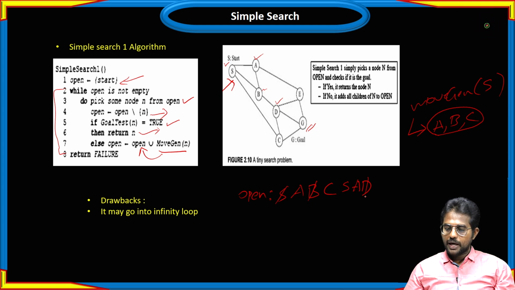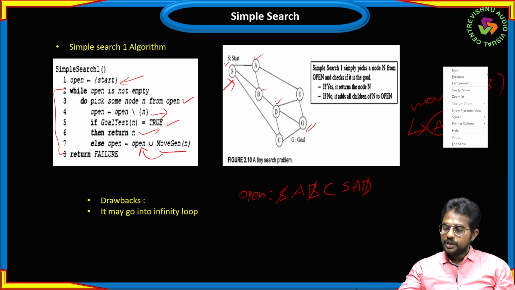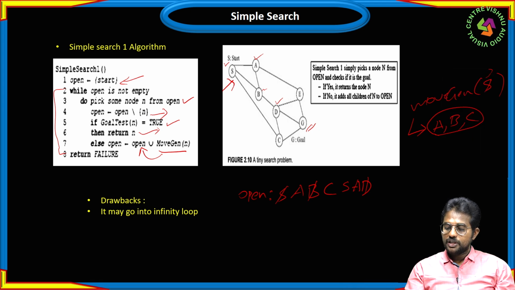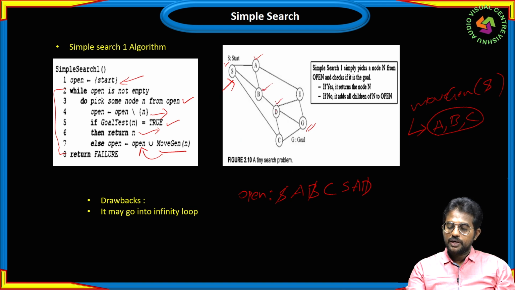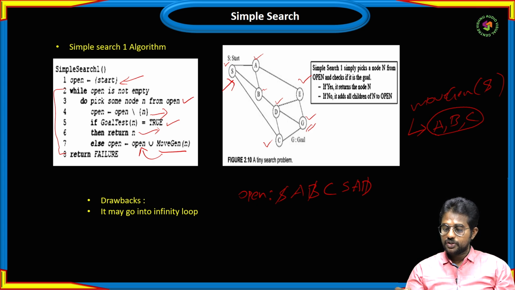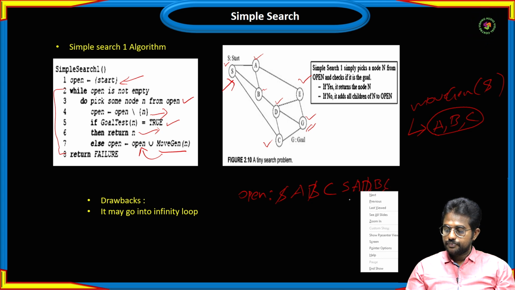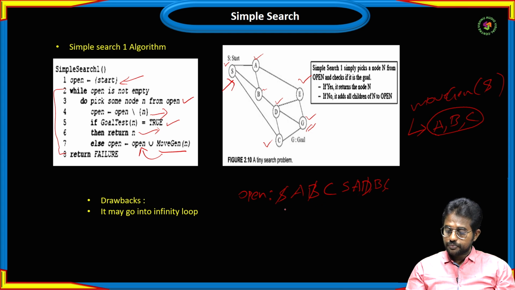Then we will directly go to the else part and apply the moveGen function on D. For D, the adjacent nodes are B, C, G and E. So there are 4 adjacent nodes, and these 4 adjacent nodes will be added to the open: B, C, E and G.